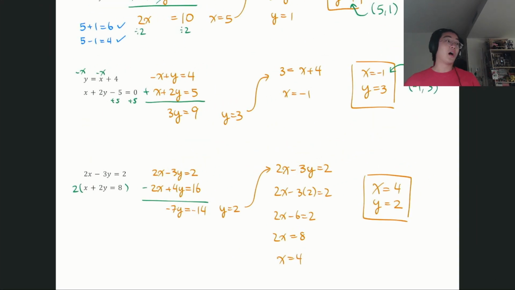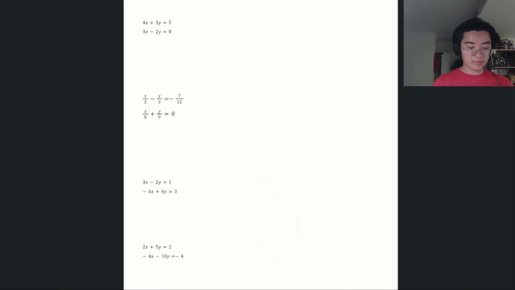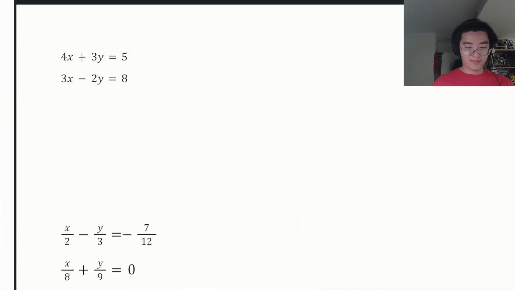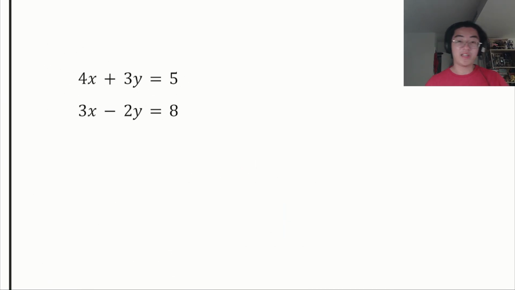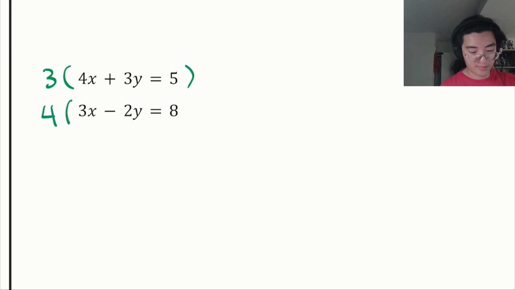Okay, so our goal is also to cancel out one of the variables. If it doesn't cancel out nicely, we can multiply it so it cancels nicely. So here's a good example. We cannot just multiply one of them now to cancel out nicely. But what we could do is use the lowest common multiple. Let's say I want to cancel out the x. So what I can do is multiply the top by 3 and multiply the bottom by 4.